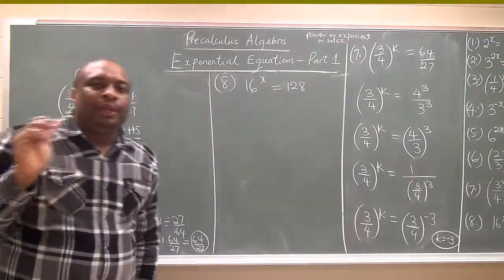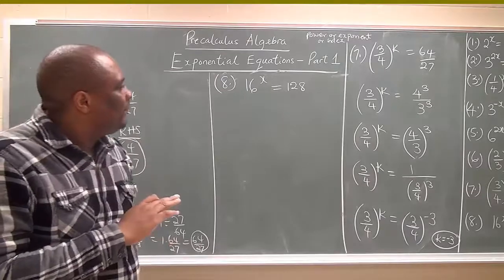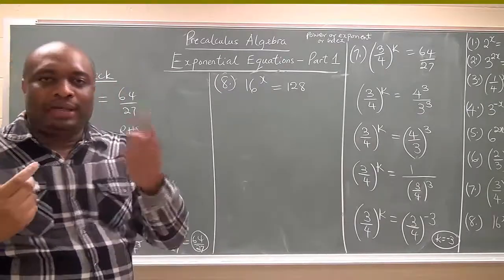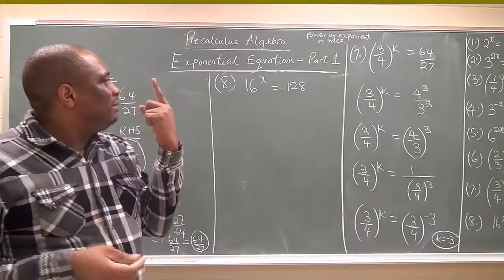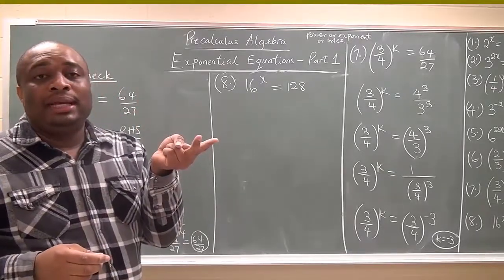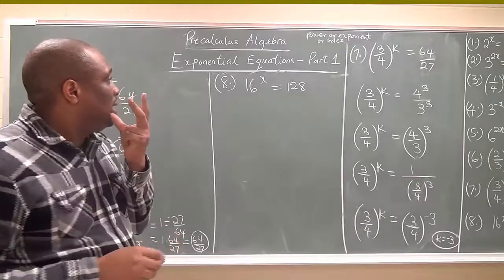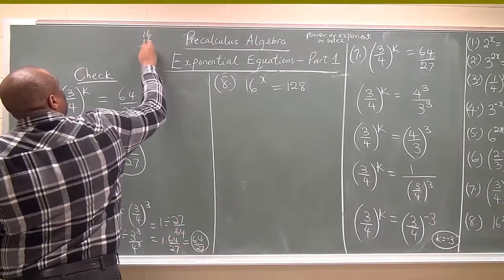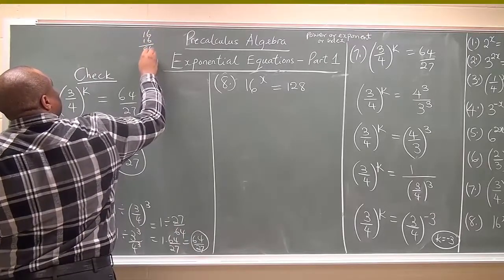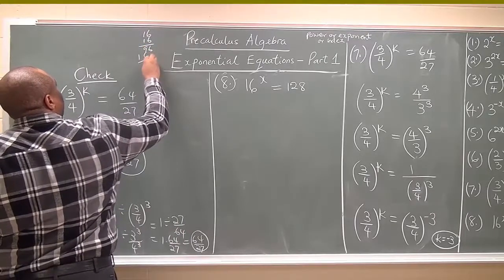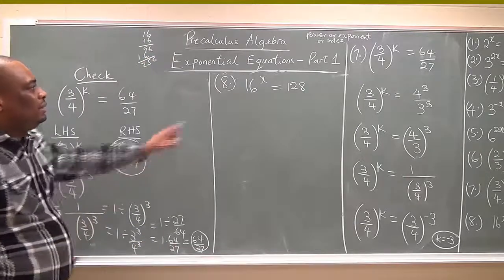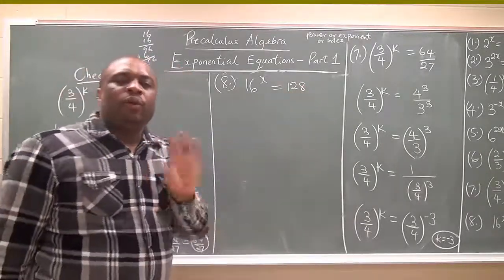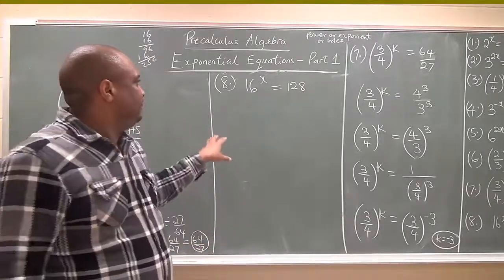Alright, now in this case, we see that 16 times 1 is 16, of course. 16 times 2 is 32, not 256. So what do we have to do here?